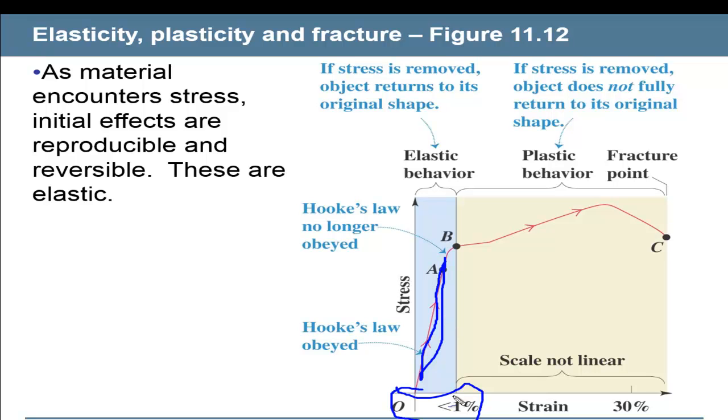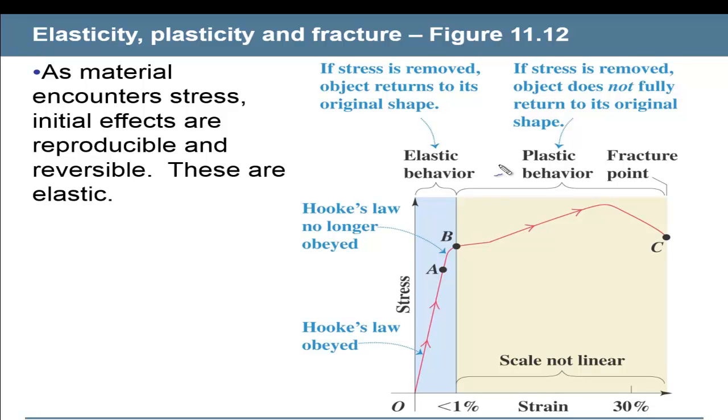It's about less than or equal to 1%. Remember I said we would define the strain in terms of percentage because it's simply a ratio of the change in length to the original length. And as long as this strain is very small, then Hooke's law is obeyed.